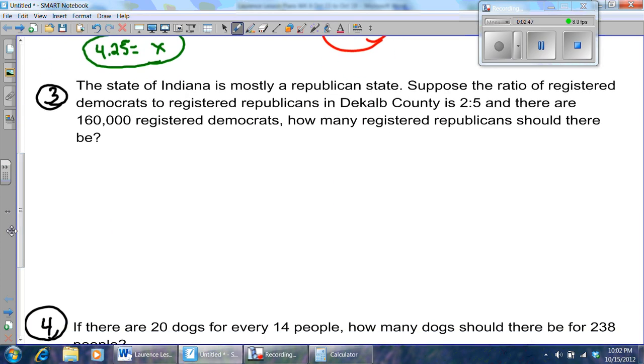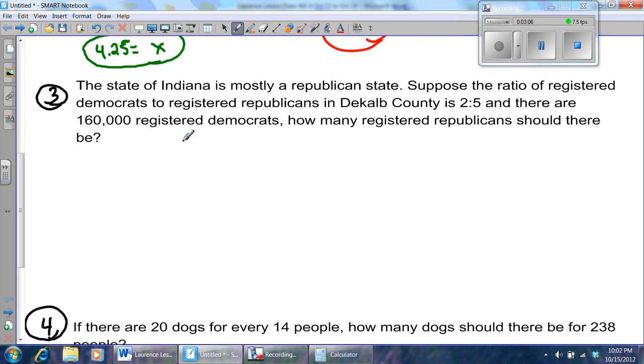Okay, problem number 3. The state of Indiana is mostly a Republican state. Suppose the ratio of registered Democrats to registered Republicans in DeKalb County is 2 to 5, and there are 160,000 registered Democrats. This is where you have to be careful, ladies and gentlemen.